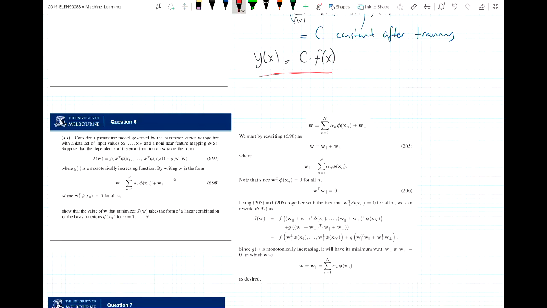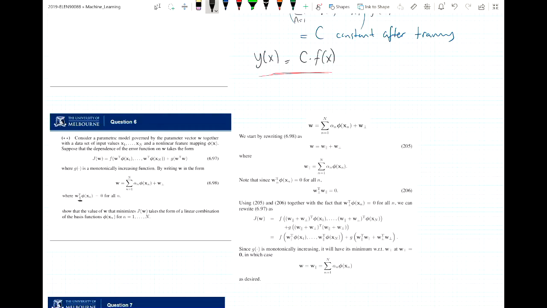We want to minimize the error, and then we can write the w, as we have said, in terms of the feature vectors plus some additional component, where this additional component is orthogonal to these individual feature vectors defined by the data points. So then the w that minimizes J(w) takes the form of a linear combination of the basis functions, and this will be 0. That's what it says. So that was already in the slides.